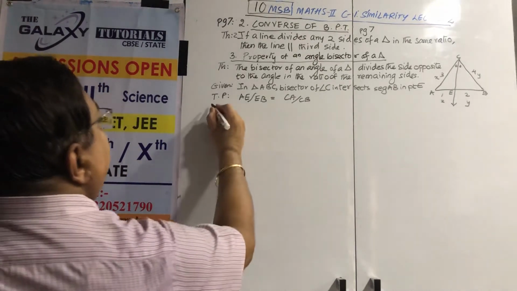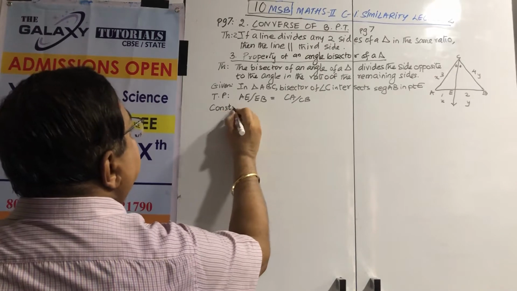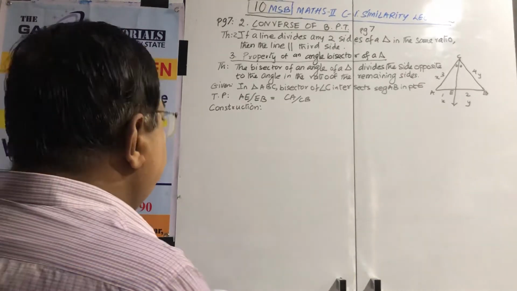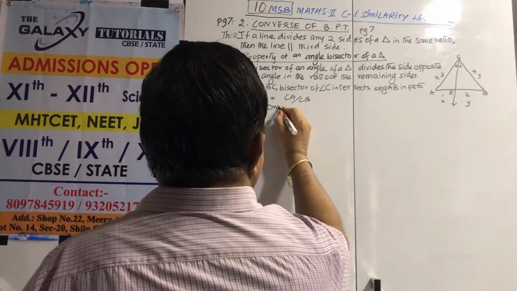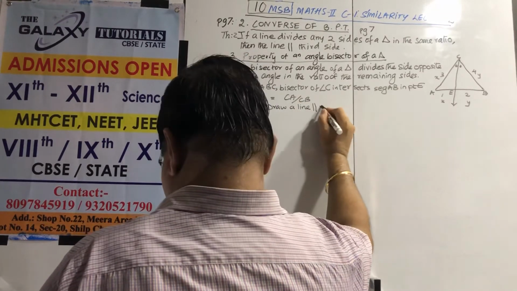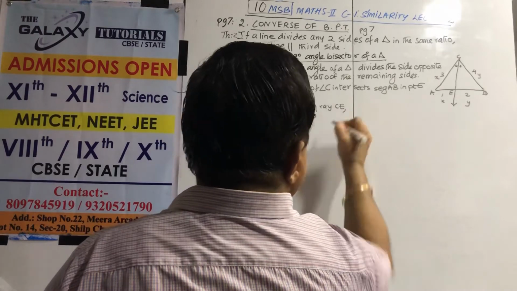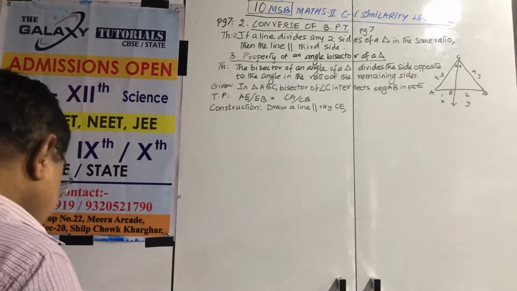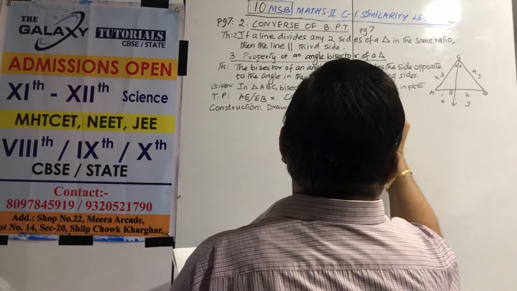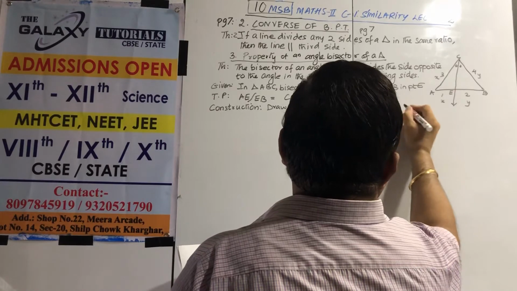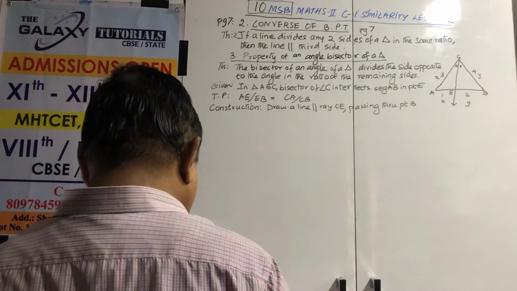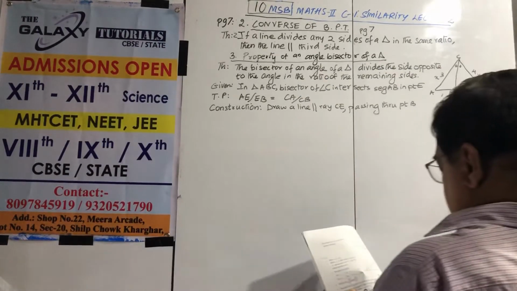This is what I have to prove. To prove, we will first perform a construction. Construction: draw a line parallel to ray CE passing through point B. Okay, so we will be drawing a line parallel to this.